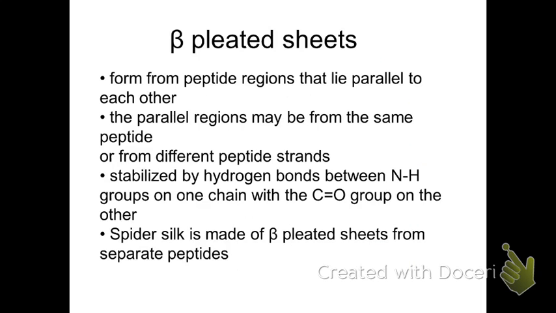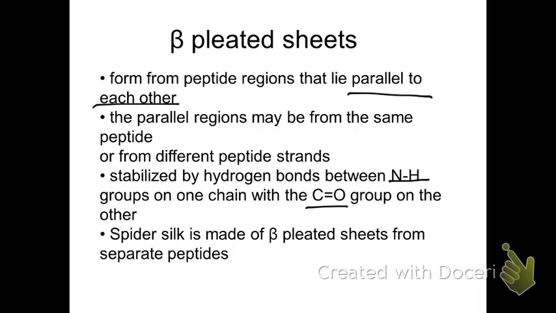They still form hydrogen bonds between the NH group and the CO group on different amino acids, but instead of a helical structure, they create parallel regions to each other, which we'll show in a diagram in a minute.